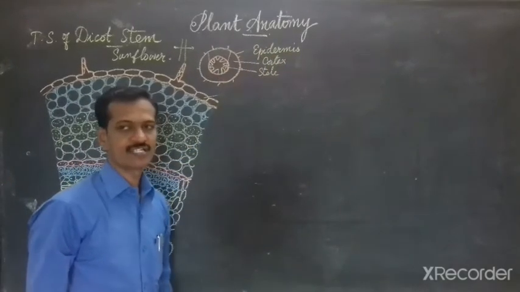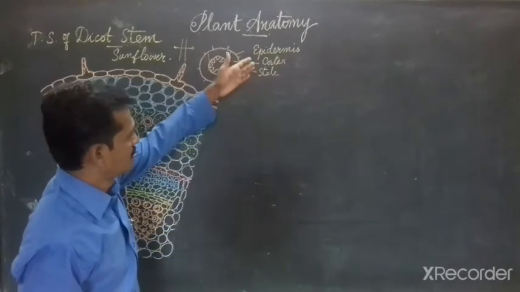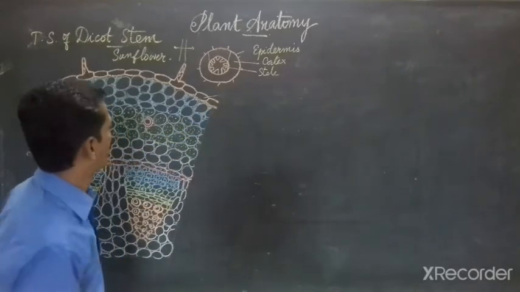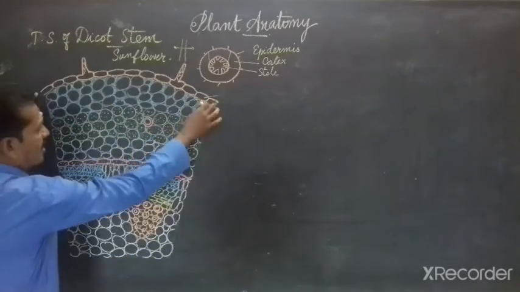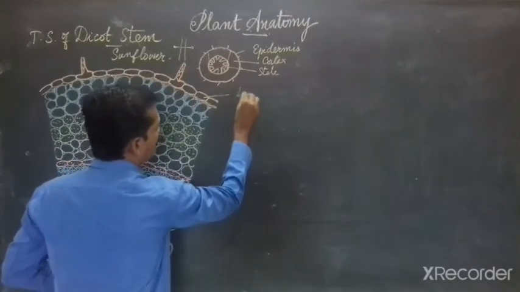According to science, every organ is composed of epidermal tissue, ground tissue and vascular tissues. We will discuss them one by one. The outermost layer of the dicot stem is the epidermis.